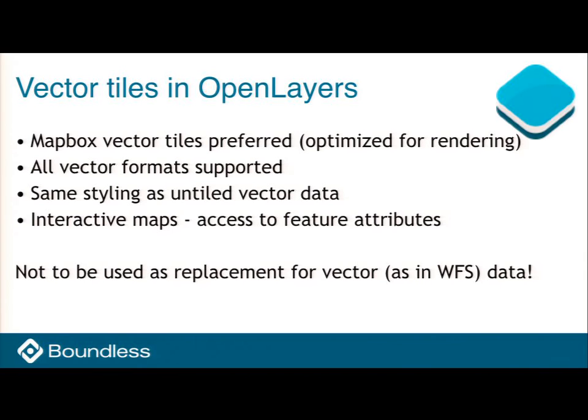And I want to mention this again because it's often confused. Vector tiles are really not meant as a replacement for vector as in WFS data. So if you wanted to edit your geometries, do spatial analysis, select features, that's not what they're meant for.